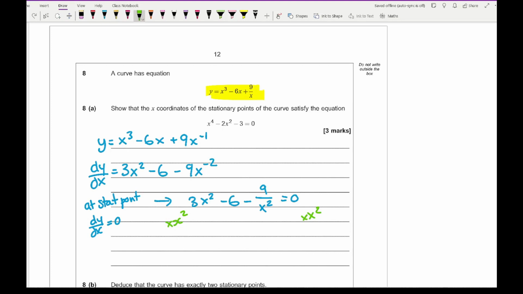So I end up with 3x to the power of 4 minus 6x squared minus 9 equals 0. I can then divide everything by 3, in which I end up with x to the power of 4 minus 2x squared minus 3 equals 0, which is what they wanted me to show.